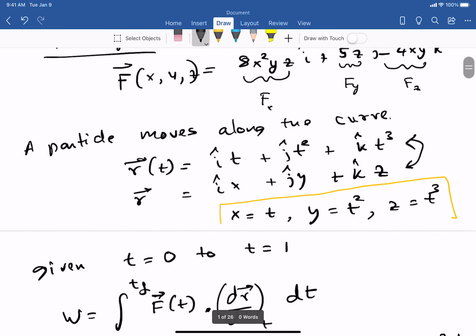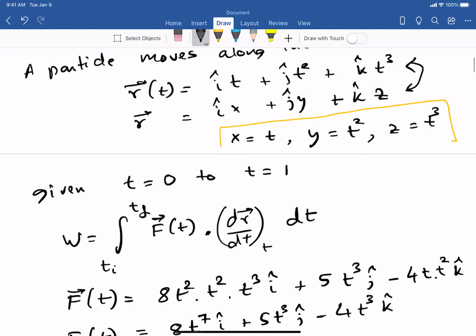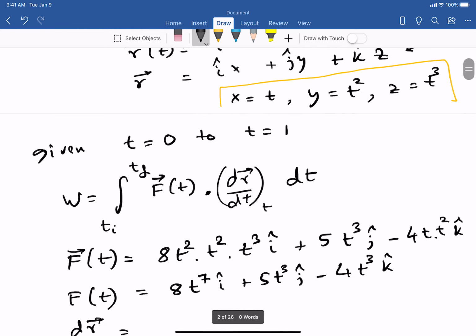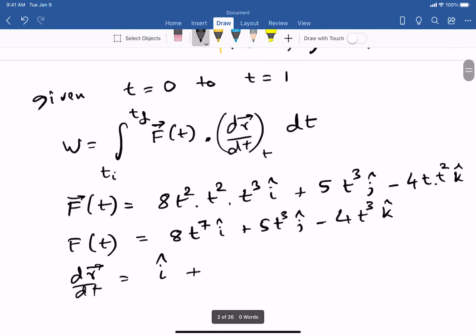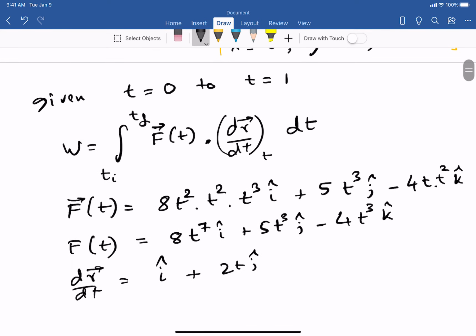We've done this in chapter 1. You differentiate, it's just the tangent vector of r with respect to t. So you just differentiate this with respect to t, and then dr dt will be i hat plus 2t j hat plus 3t squared k hat.